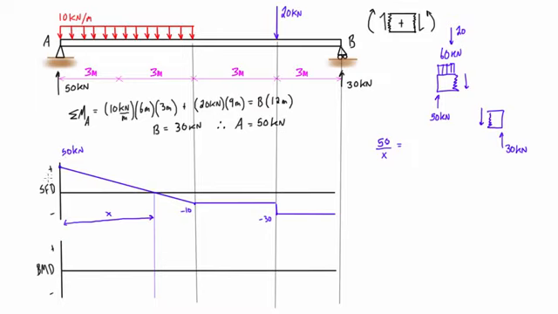Its total rise is going to be 60 because it's 50 plus 10, and its run is 6 meters. So when you do 6 times 50 divided by 60, we find out that x is equal to 5 meters, which means that this distance here is also going to be 1 meter. Let's call the first distance x1, and let's call this one x2. So x2 is equal to 1 meter.